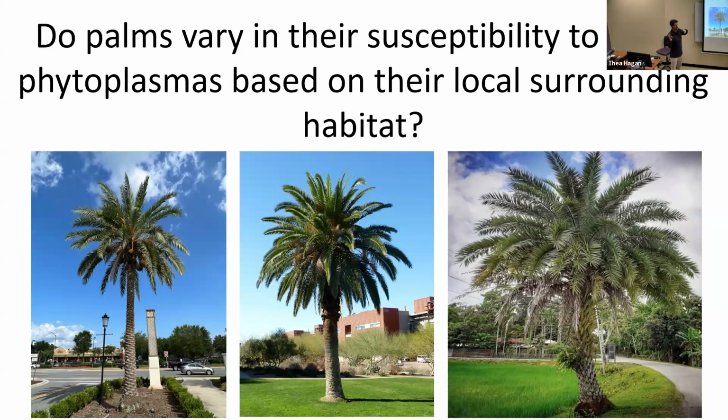So kind of like what we talked about initially with red maples, we started thinking, okay, can we predict disease risk based on local conditions as a way to inform preventive management, but also inform planting sites to reduce the likelihood of a palm dying after it goes in? So based on where it's planted, can we predict disease risk?